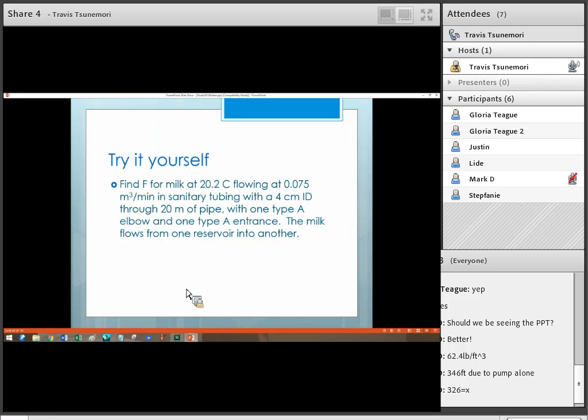Okay, so the first thing you're going to do is draw yourself a picture. And so we've got a tank with a pipe coming out of it and one type A elbow, and it's discharging into another tank. So it's a pretty simple system.